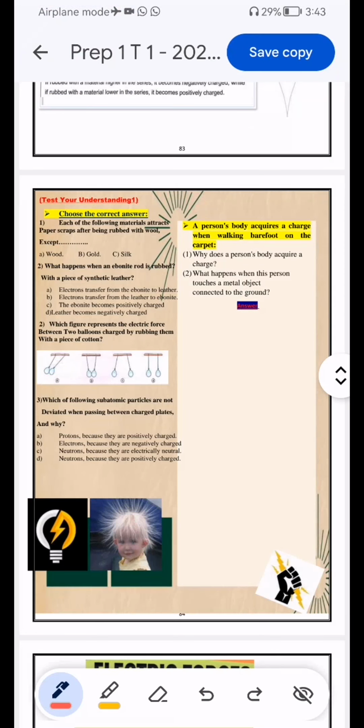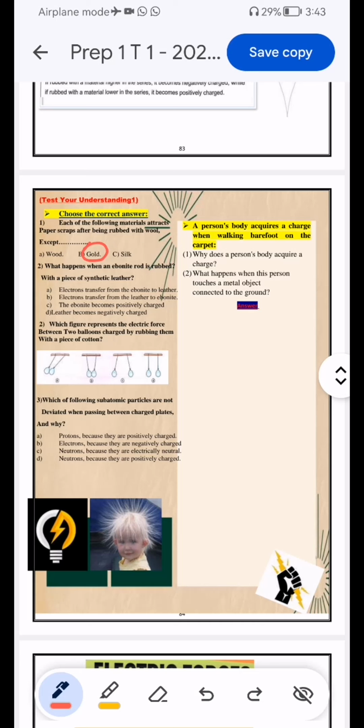Now we will solve these questions. Number one, each of the following materials attracts paper scraps after being rubbed with wool except: wood, gold, or silk. We will choose gold because it's a metal, so it's a conductor material, so no electrostatic charges accumulate on its surface, and it will not attract paper scraps.